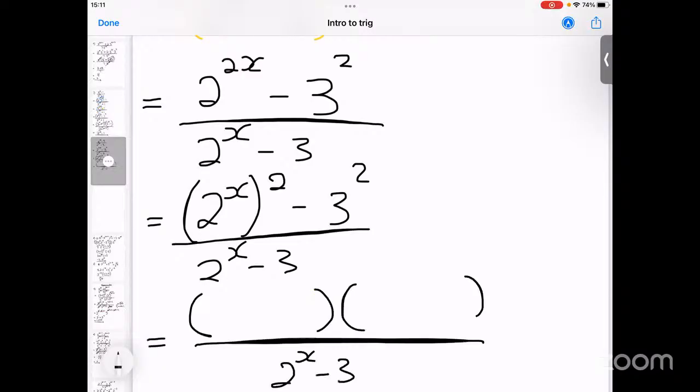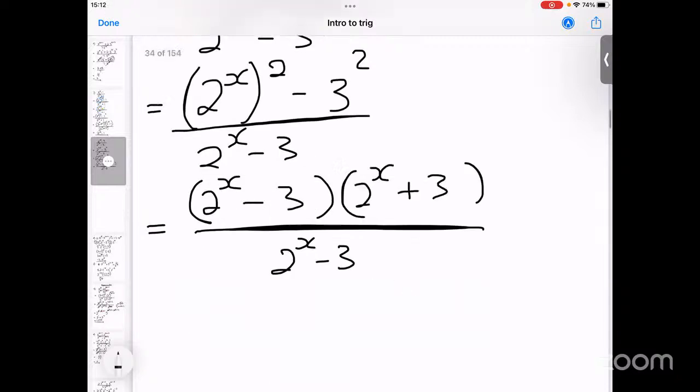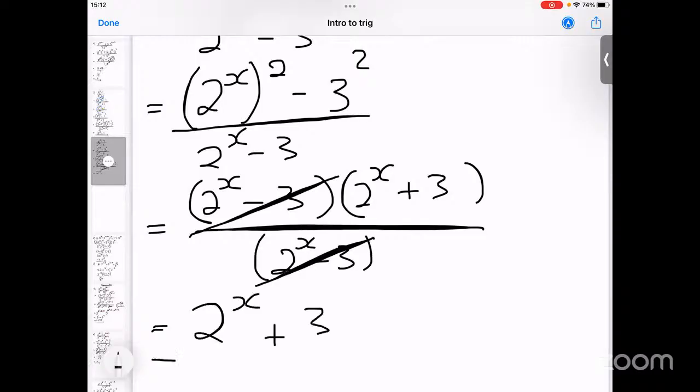Trust me when I say this side, you can have it as a minus 3, but this side, it will definitely have to be a positive sign. That's it. Already you see this is exactly the same as that, and at the same time they cancel, then you remain with 2 to the x where we plus 3. And that should be the end of it.